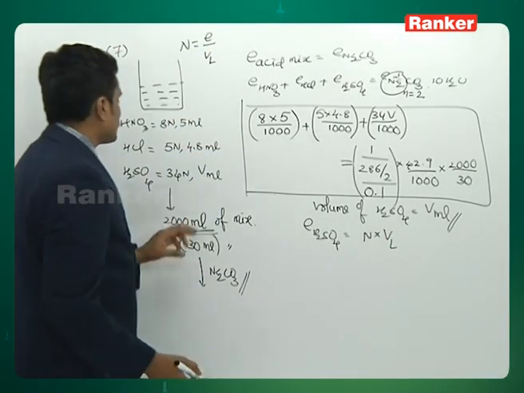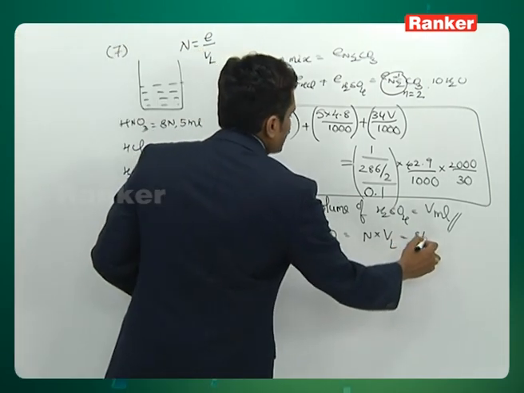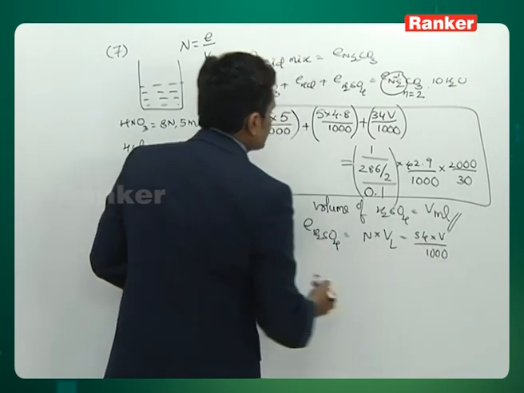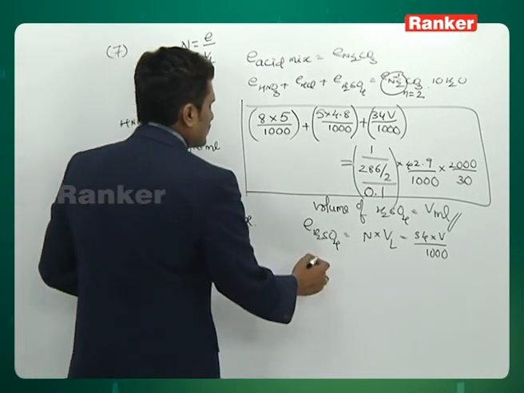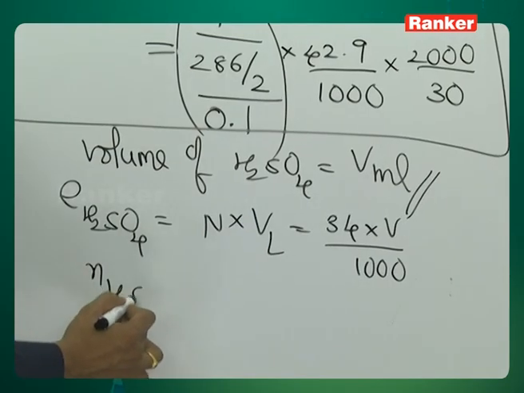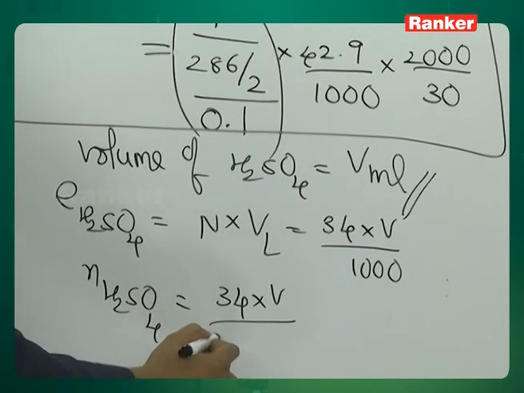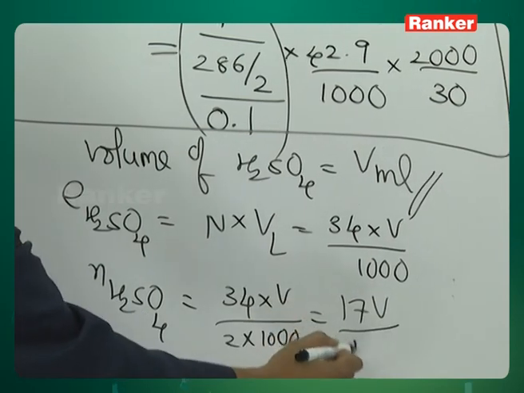You know that here the normality of H2SO4 is being taken as 34. So when I multiply this with 34 and V by 1000, I will be getting the equivalents of H2SO4. And after getting the equivalents of H2SO4, I know that the number of moles can be obtained by dividing this with the n factor of H2SO4, which is nothing but 2. So this is turning out to be 17 V by 1000.